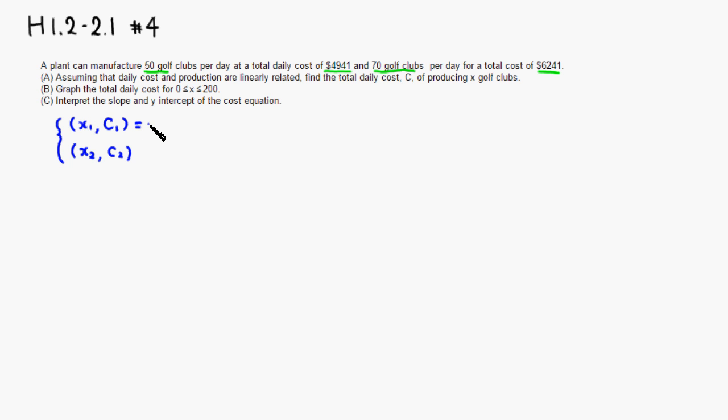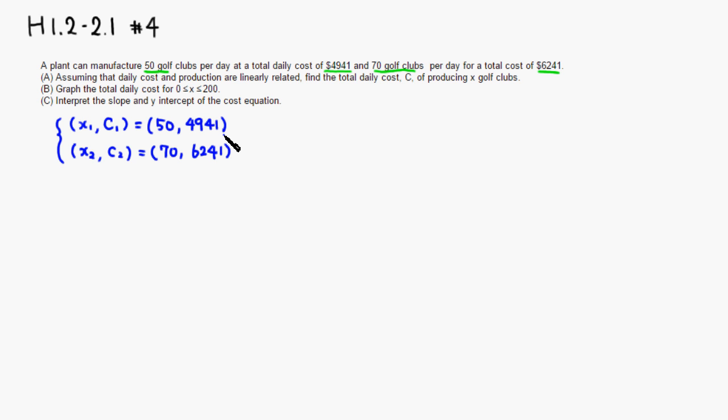So X1 would be 50 golf clubs, 50 per day, and the cost would be 49.41. And the second one would be, so at the 70 golf clubs per day, daily cost is 62.41.